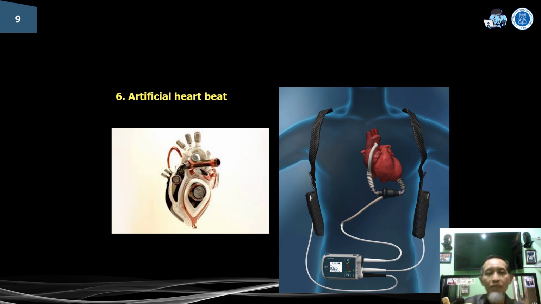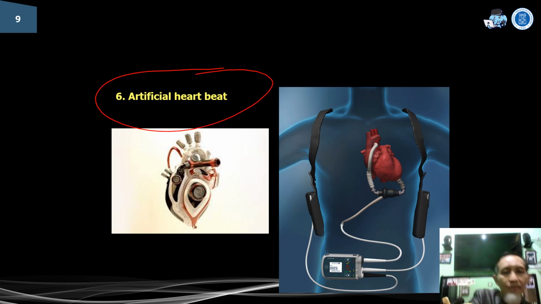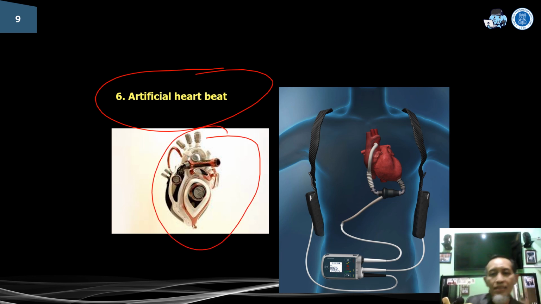Okay, the next example is the artificial heartbeat. This is the artificial heart, and this is the support, maybe it's the power here, which gives power to the artificial heart, and then the artificial heart will pump the blood.